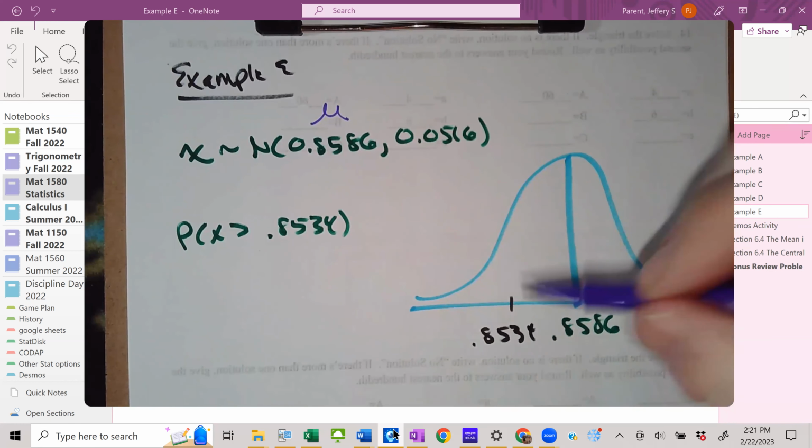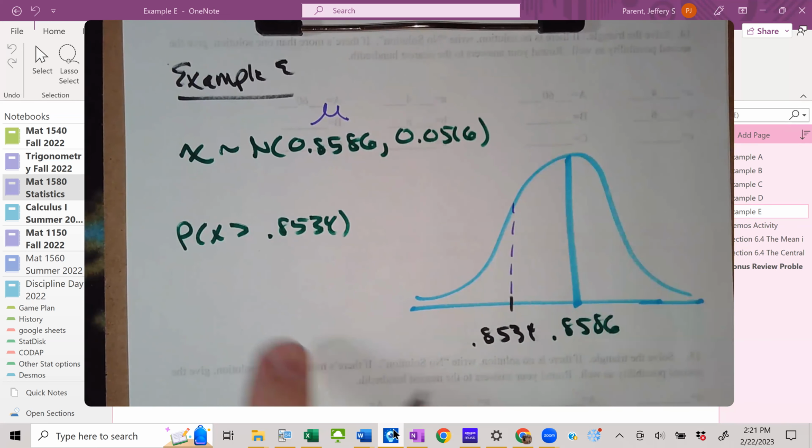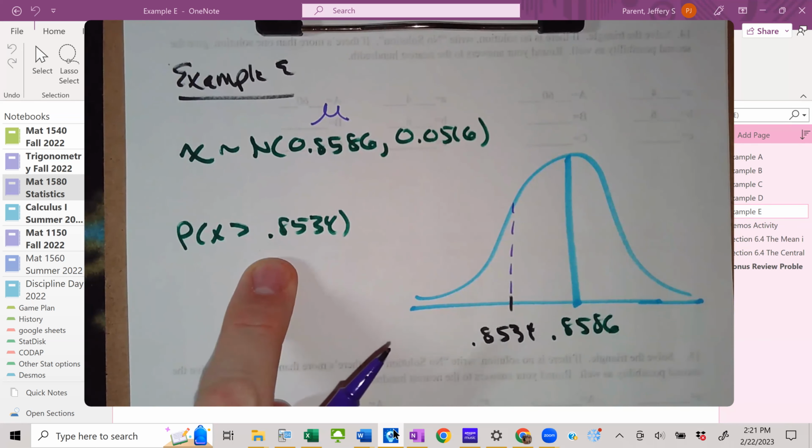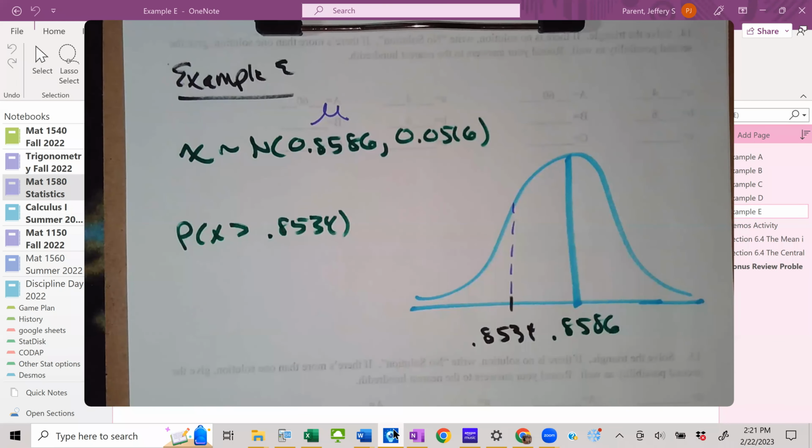So let's draw a little line here. Now, if I'm trying to find the probability that X is greater than that, which way am I going to shade, to the right or to the left? To the right. Perfect. So let's shade to the right.